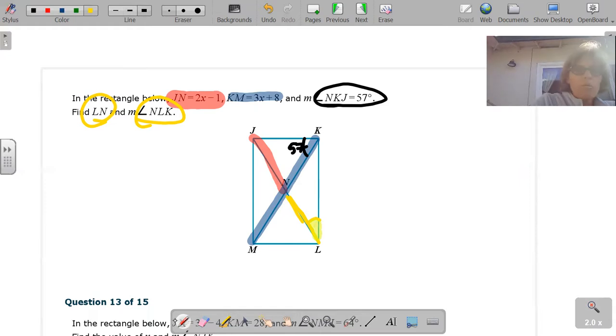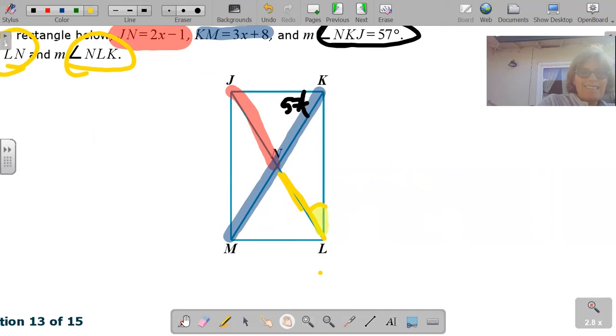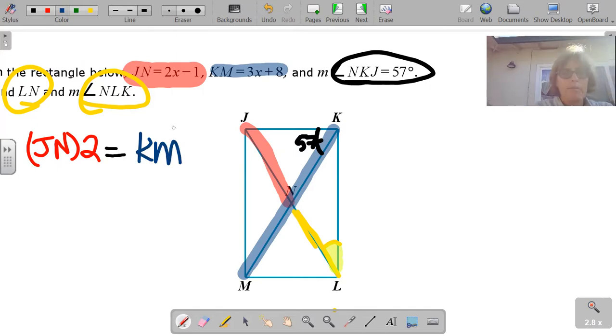Step 1, things before algebra. Things before algebra. So we know this. We know that the red JN times 2 equals the blue KM.